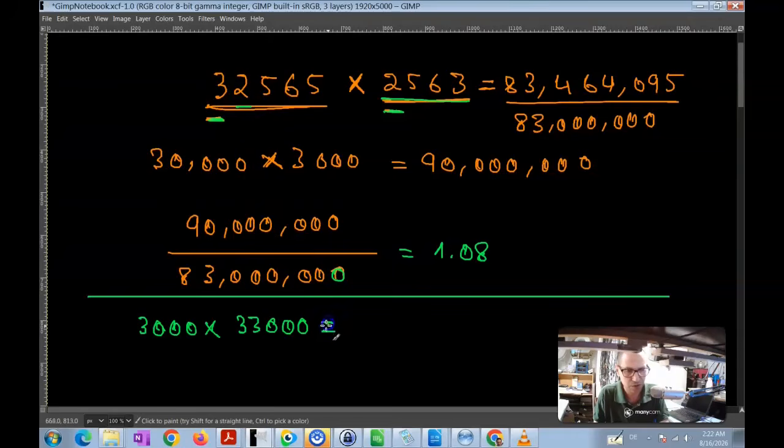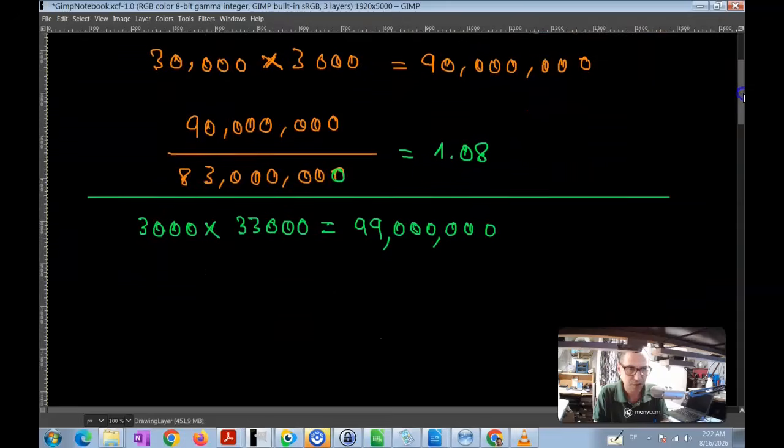And then the number becomes 30 times 33 is 99, and then you have 3 and 3 zeros, so 6 zeros over here. That's 99 million.